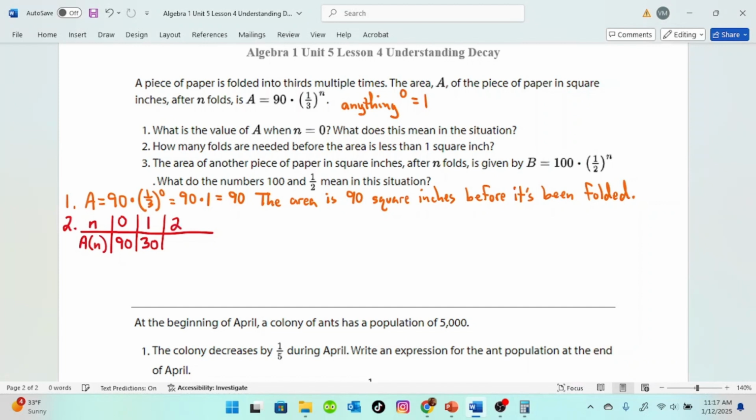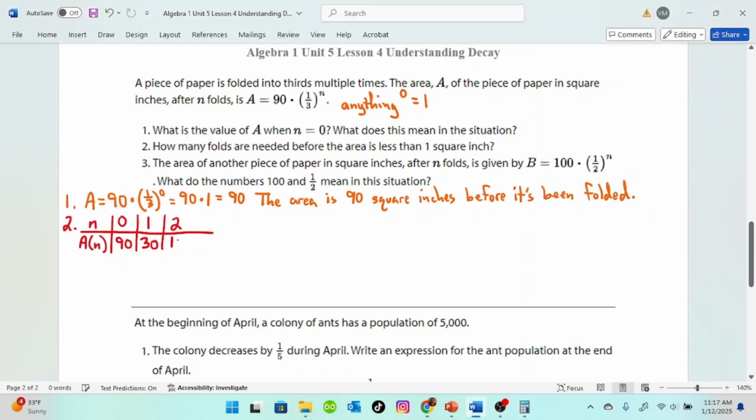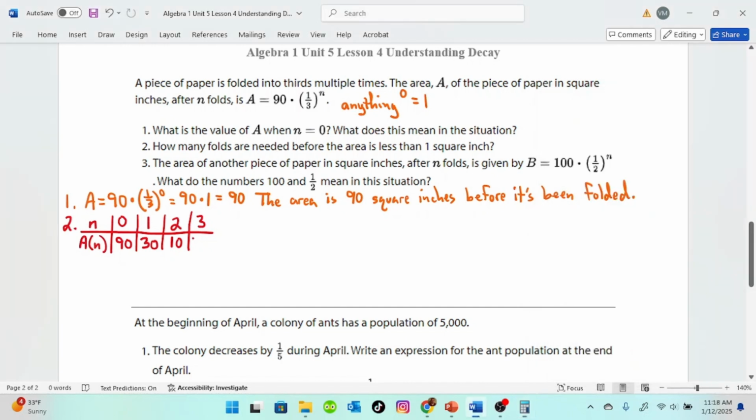Now, if we fold it a second time, we take this 30 and multiply it by 1/3, and now we have 10. If we fold it a third time, we take this remaining 10 and multiply it by 1/3, and we're down to 3.3.